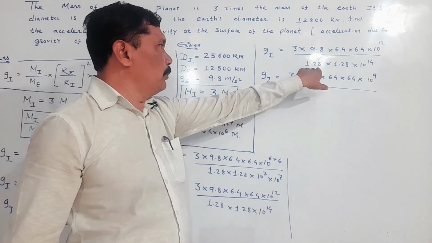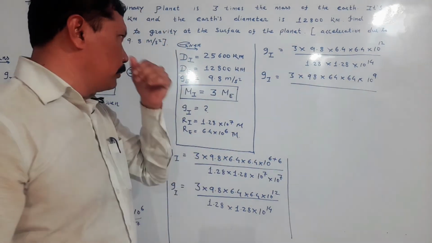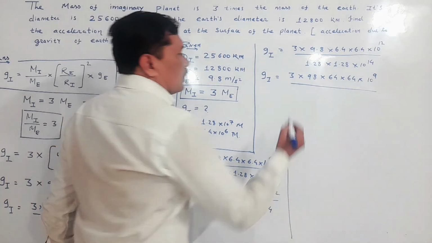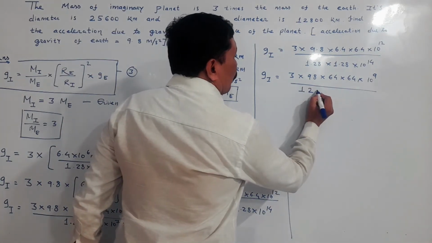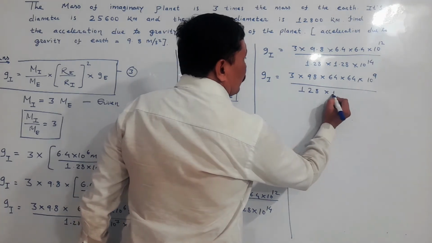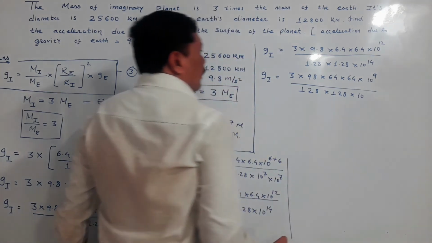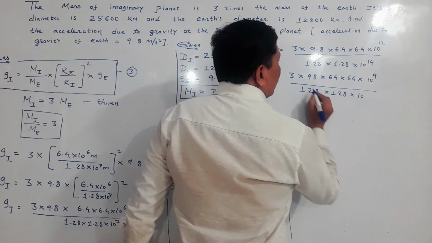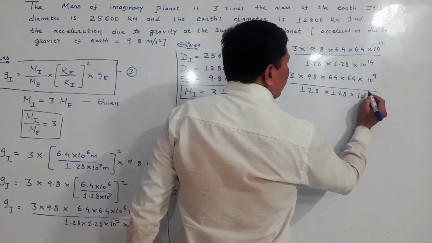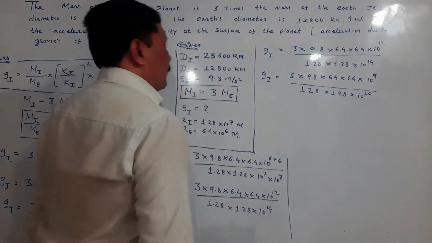2 digit we have to remove, again 2 digit we have to remove, so total 4 digit we have to remove from the denominator, and therefore we can write it directly 128 into 128 into 10 to the power, 4 digit we have removed, so we will write 10 to the power 10.